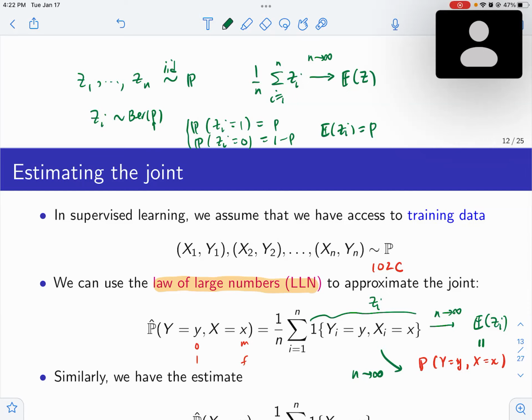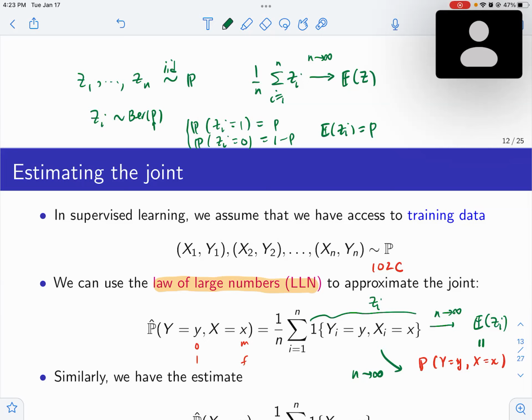So the zi's are IID, with some probability, and then the expectation. So this converges to the expectation. The expectation happens to be the probability of this being 1. Each one has the same probability. So it's like a coin flip. Basically, you're flipping coins. It comes up heads with this probability, and I'm taking the average convergence. Expectation, which turns out to be the probability. Okay.